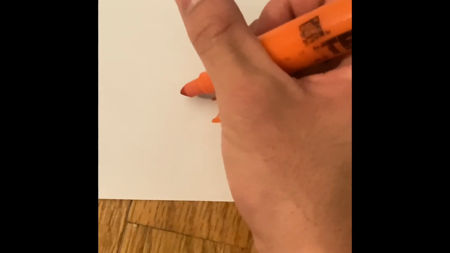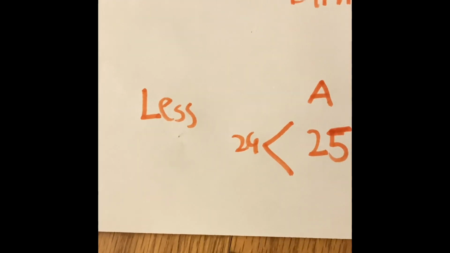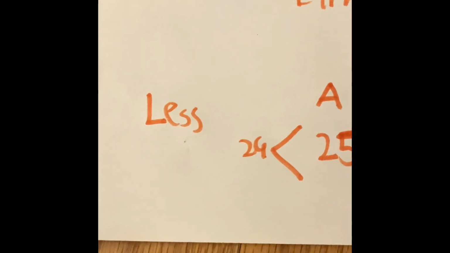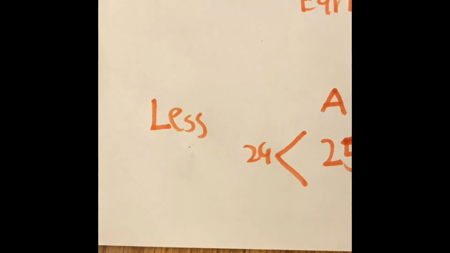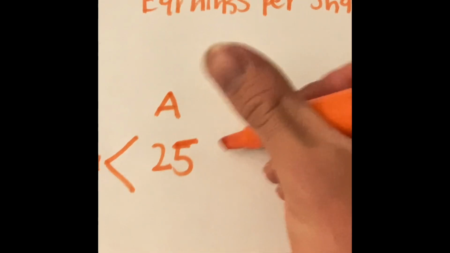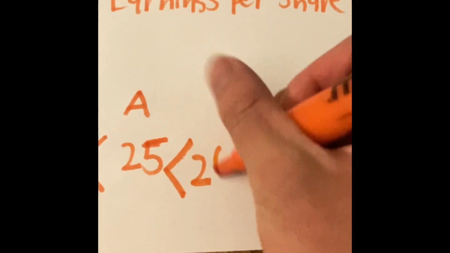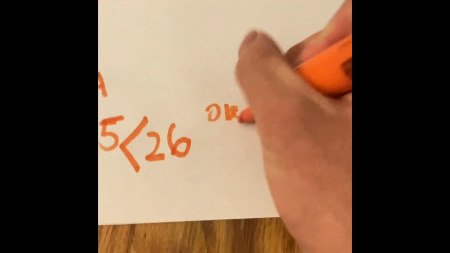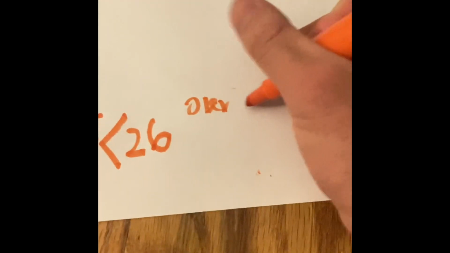Below 25 is going to be less performed. So 24 and below means that the company is not doing so good at the moment. Basically, the company is underperforming. Anything greater, like 26 or more, would mean that the company is overperforming.